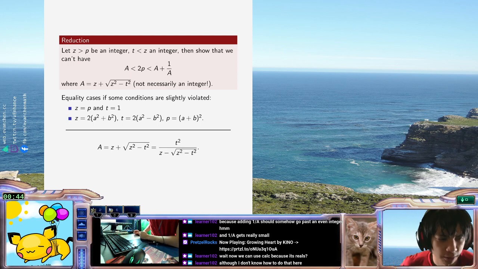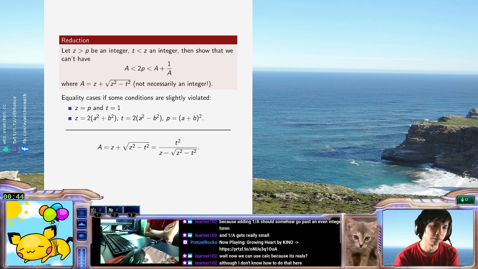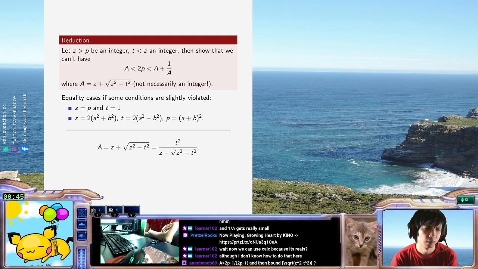This just bugs me. It's saying the fractional part of z plus root z squared minus t squared can't be too close to an integer. Can I bound that? I guess, how close can a square root be to an integer? Maybe that's what I should think about.